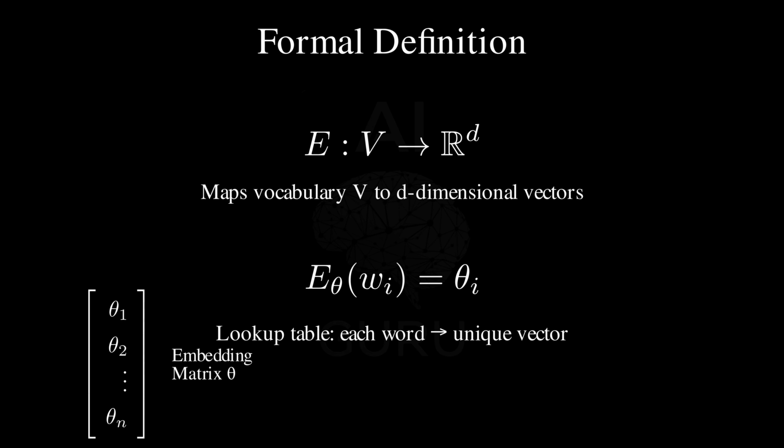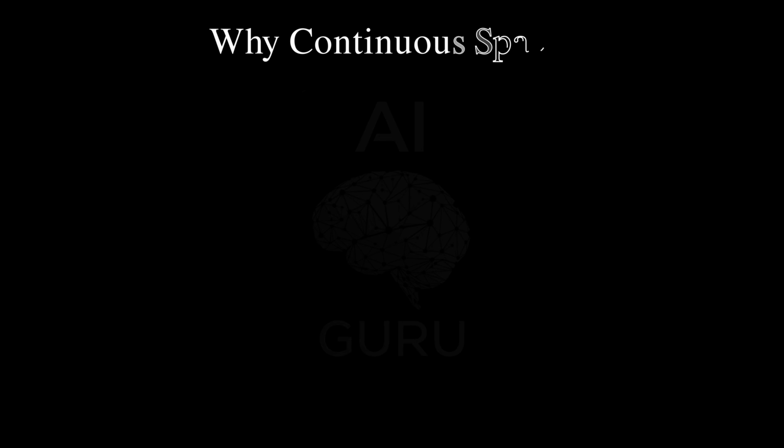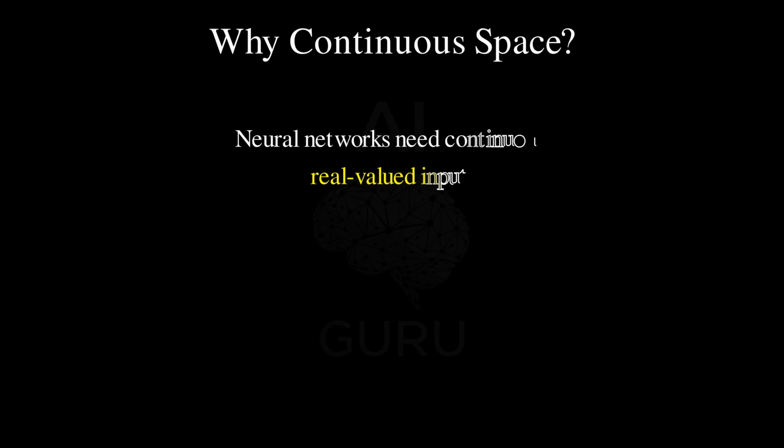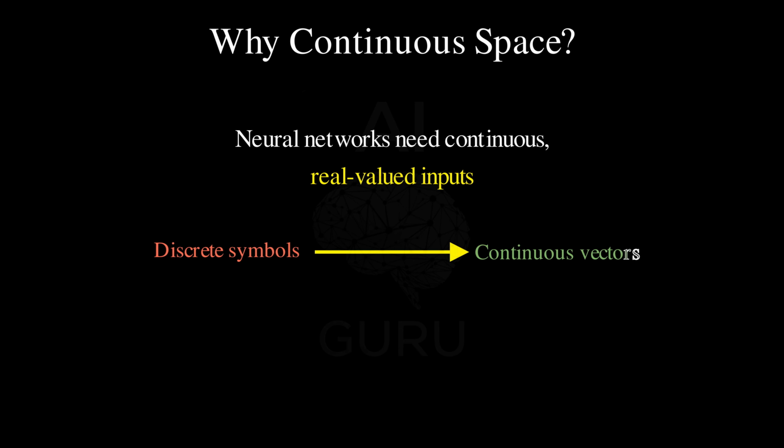Exactly. Why is the creation of this specific real-valued vector space so fundamentally important for the neural network itself? Because the neural network is a mathematical function. It requires continuous, real-valued inputs and outputs. Since natural language doesn't natively exist in this format, the embedding function serves as the necessary translation layer.